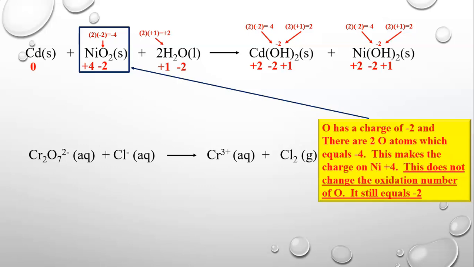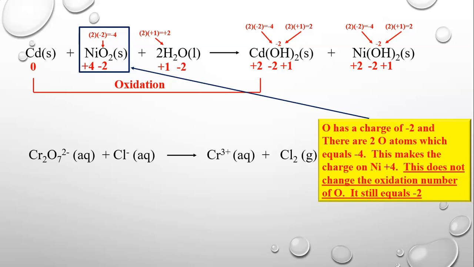All right, so those are the oxidation numbers. Now determine there's exactly one element in any reaction that's being oxidized and exactly one element that's being reduced. So which one is which? Find them, and let's go ahead and do that. So there you go. Cadmium goes from 0 to +2. It increases its number. That's being oxidized.